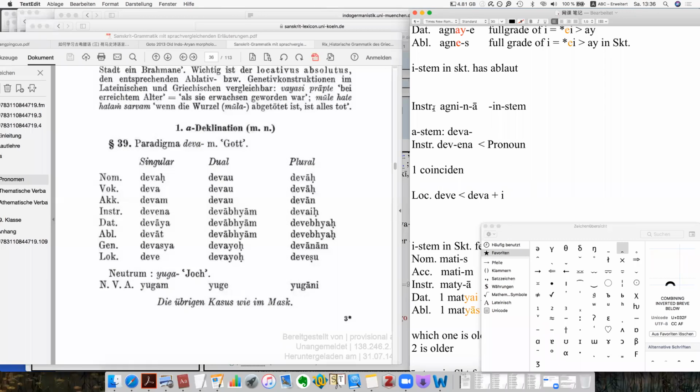It's not a coincidence that the instrumental is special.